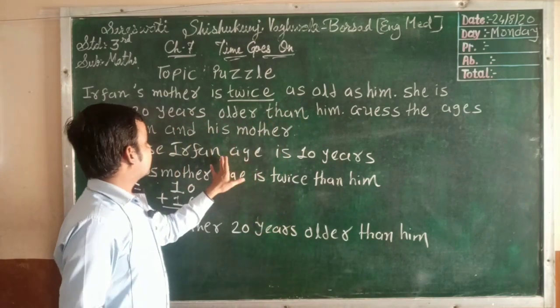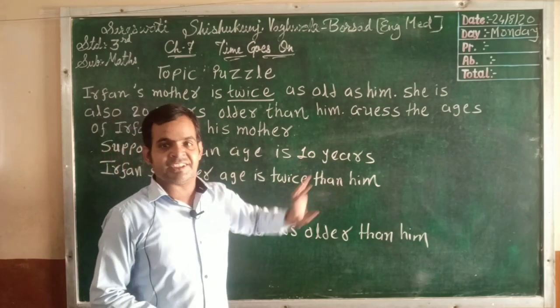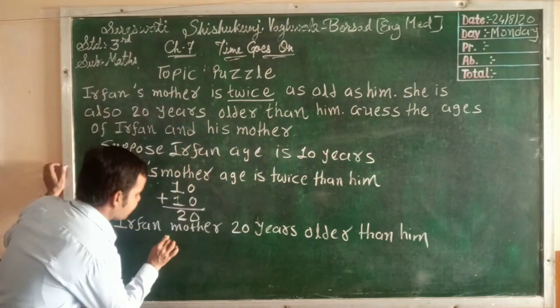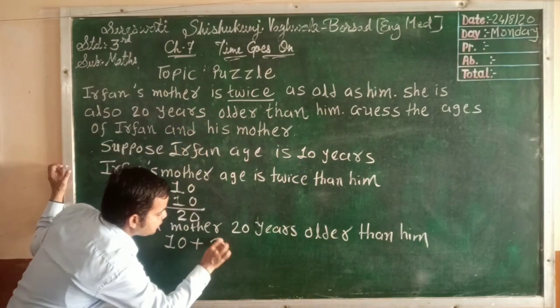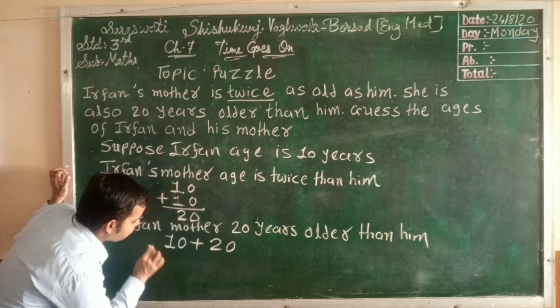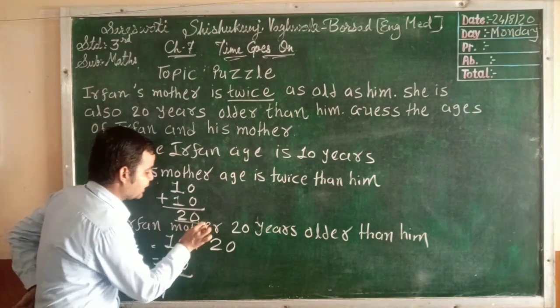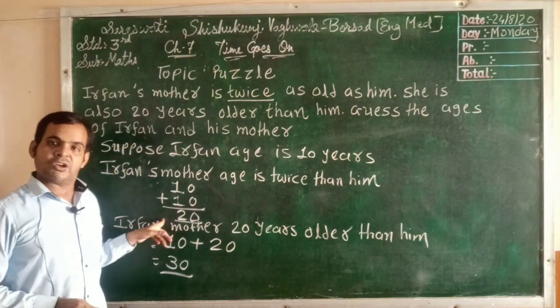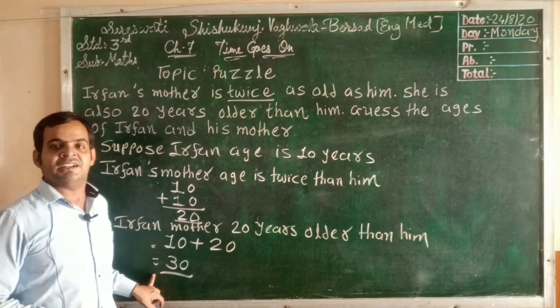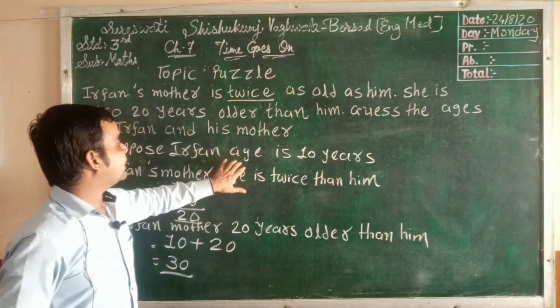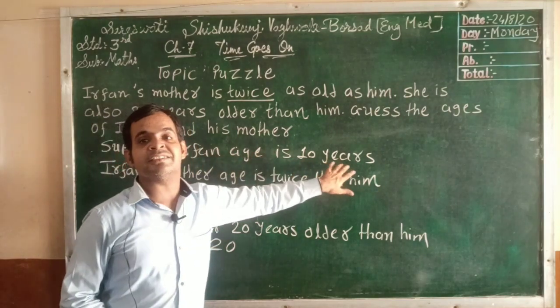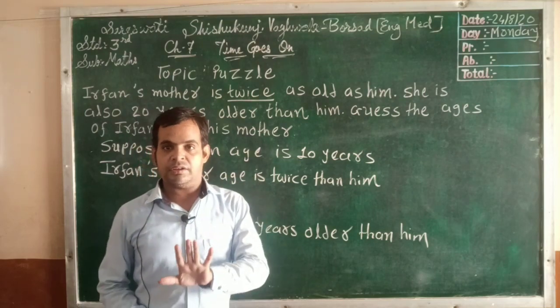So we suppose Irfan's age is 10 years, and if we add 10 plus 20, what is the answer? 30, right? Here if you observe, in the first condition we get 20 and in the second condition we get 30. So 10 years as our answer is wrong, right?